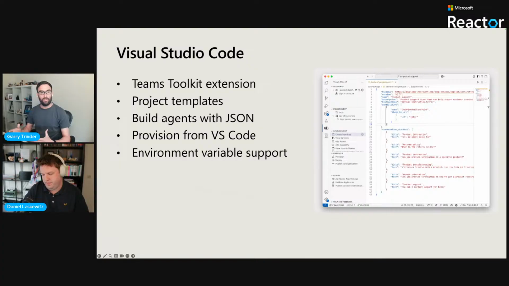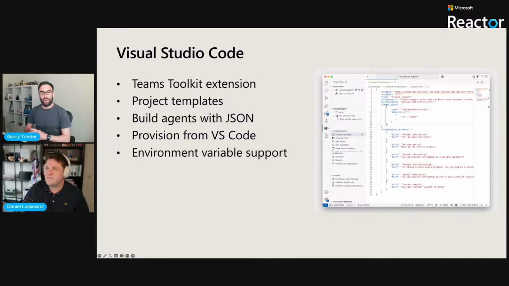Now, there's pros and cons of those approaches. One of the pros is you get to see everything, and you're not bound by the user interface. And I'll show you that as well, where there are some extra capabilities in VS Code which are not quite yet there in Copilot Studio because of just the way that the systems are built.